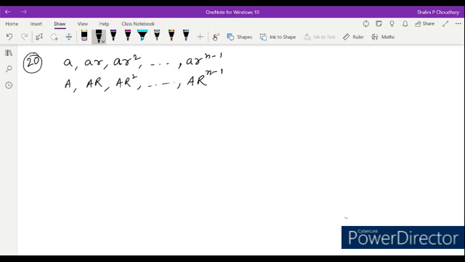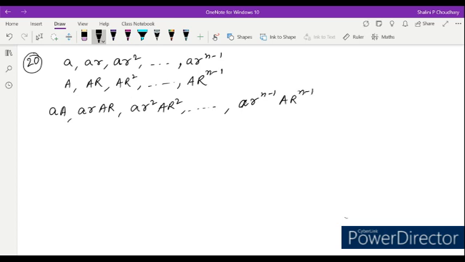So what is given and what the question is, to show that the product of the corresponding terms of the sequences form a GP. Product of corresponding terms means a into A, ar into AR, ar square into AR square, dot dot dot, small a r to the power n minus 1 into capital A R to the power n minus 1.